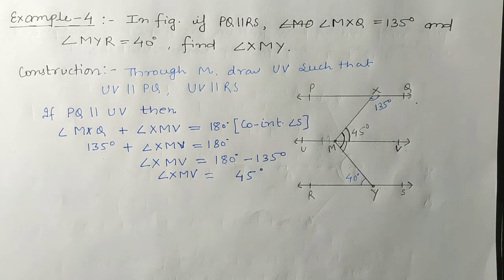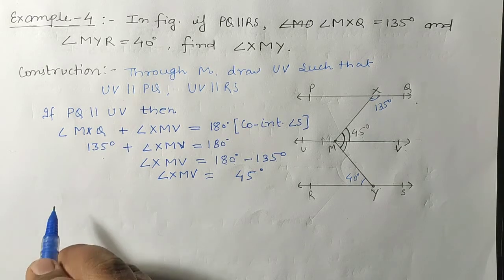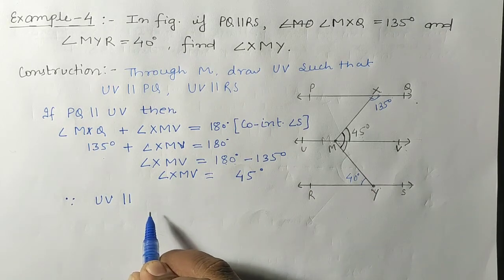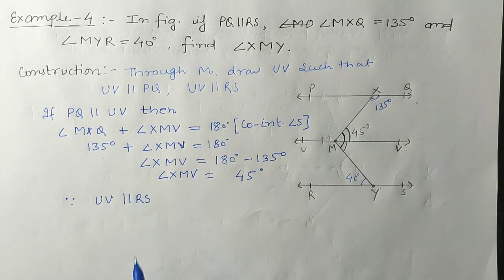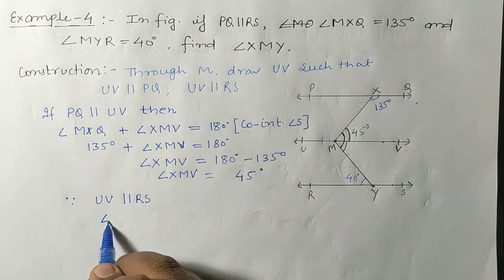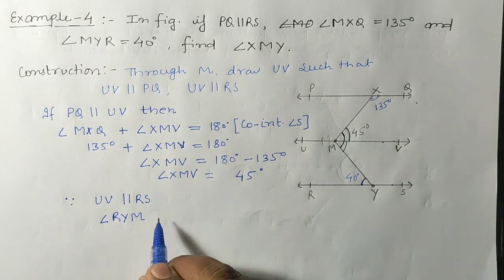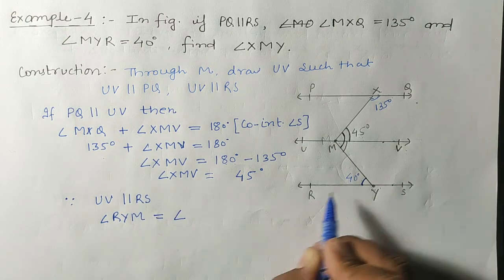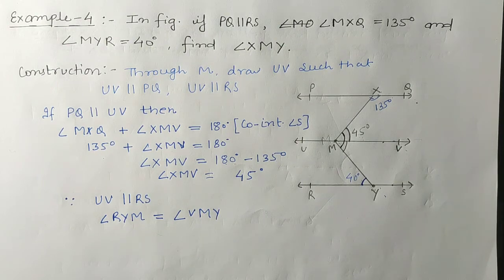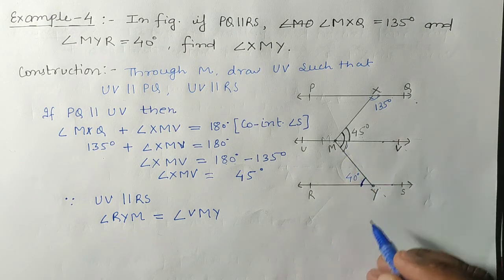So how will we find it, students? If you observe the figure, since UV is parallel to RS, angle RYM, this angle, is equal to angle VMY. What is the reason behind it? Why will this 40 degree angle and angle VMY be equal?